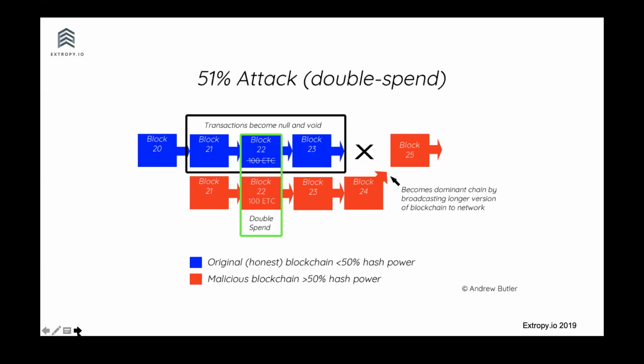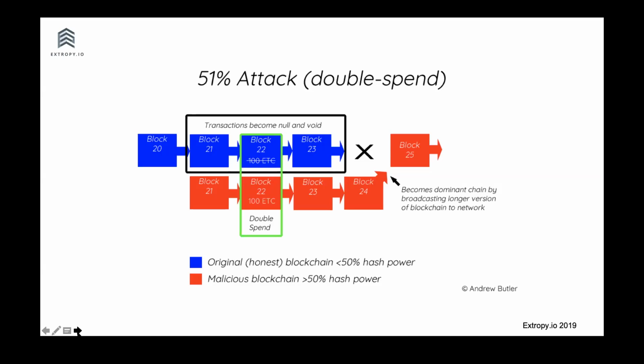And so a particular attack might carry on, as you can see here with these blocks, where we start with the blue block 20, and then honest miners are adding blocks 21, 22, and 23 to the blockchain.